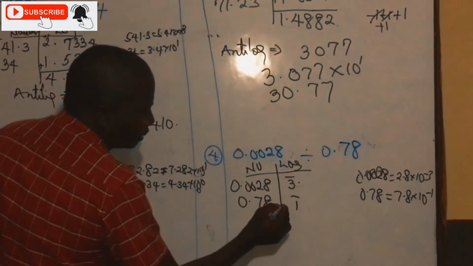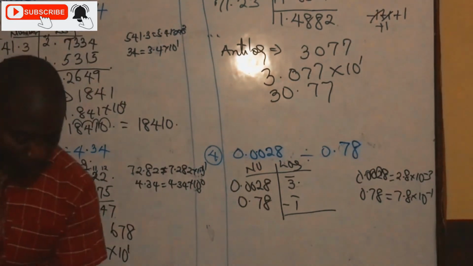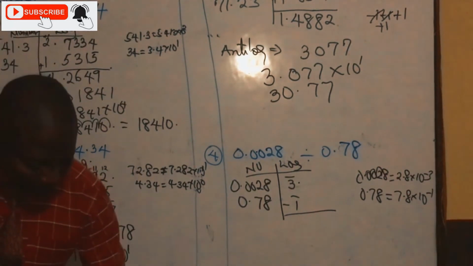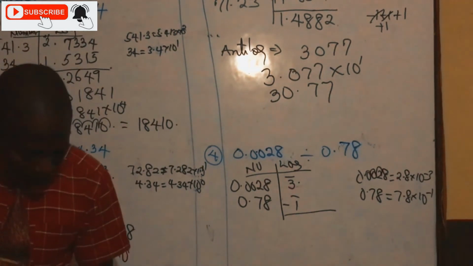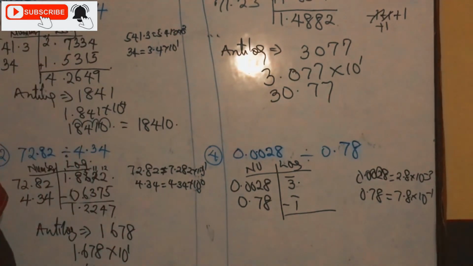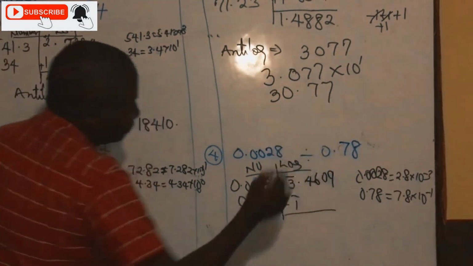This is bar 1. We are going to subtract. So bar 3.28 minus bar 1.78. When we check 28 under 0 in our four-figure table, we have 4609.